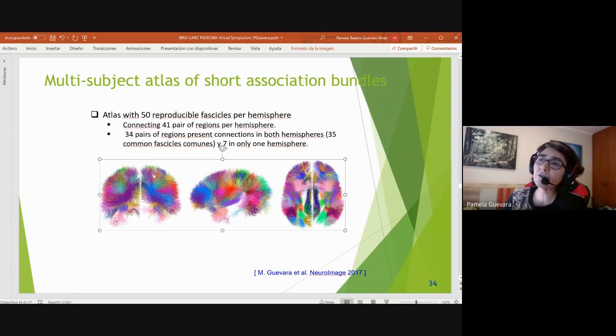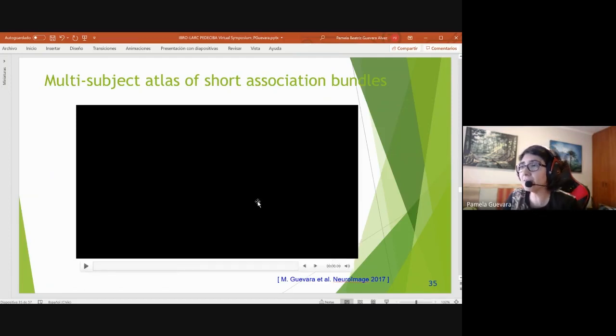This is not new in the sense of the algorithms because they are the same algorithms, but what was new is that we had to improve the algorithms to extract these bundles, because by default these were discarded by all the pre-processing. So that was the work to try to identify these bundles, and be more sensitive to the differences in the bundles, etc. And we created this atlas, for example, and I have here a video also.